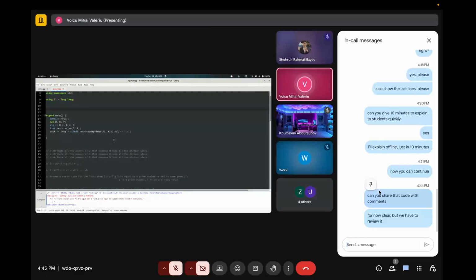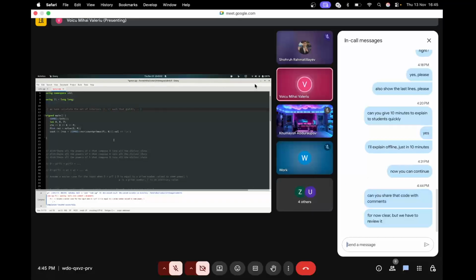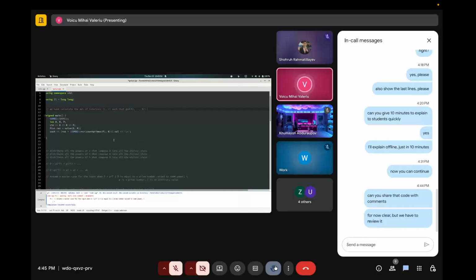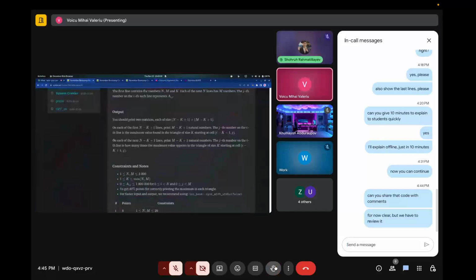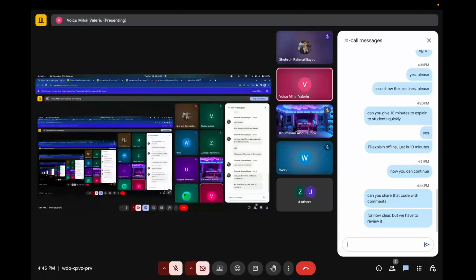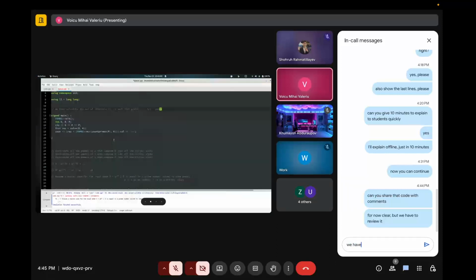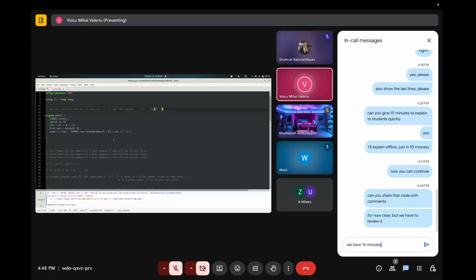That is the one where we have to calculate a set of intervals L, R such that GCD of A L to A R is greater than max of B L to B R.